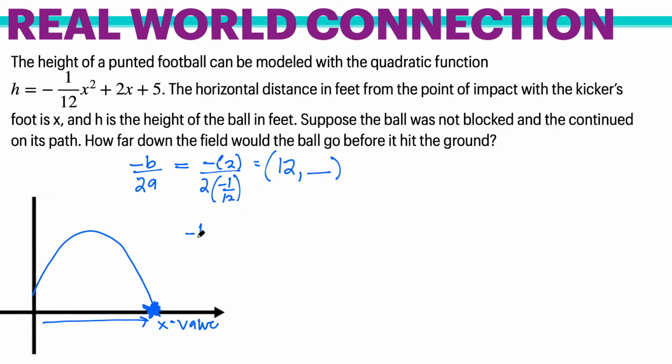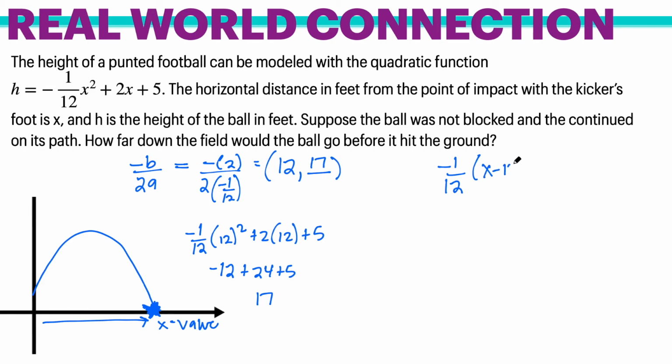So you'll get negative 1/12 times 12 squared, plus 2 times 12, plus 5, which gives negative 12, plus 24, plus 5, which will give us 17. So to rewrite this in vertex form, it would be a times x minus 12 squared plus 17.